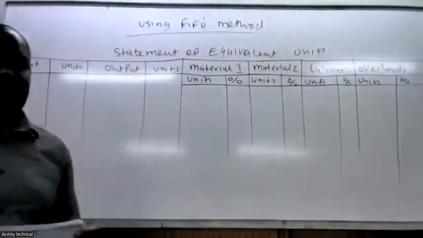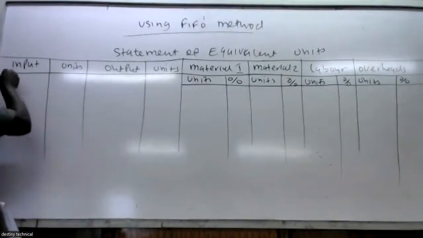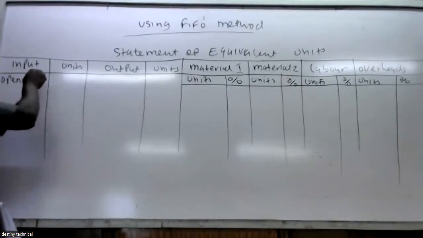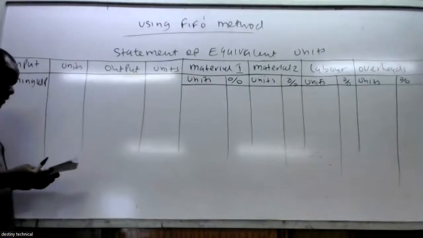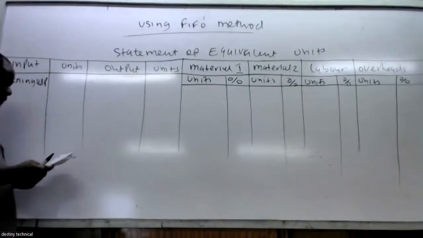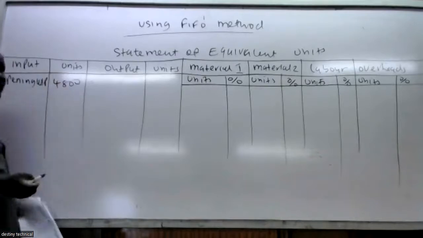So on the side of the input, we start off with the opening work in progress. Opening work in progress was given in the first paragraph, where they gave you 4,800 units.